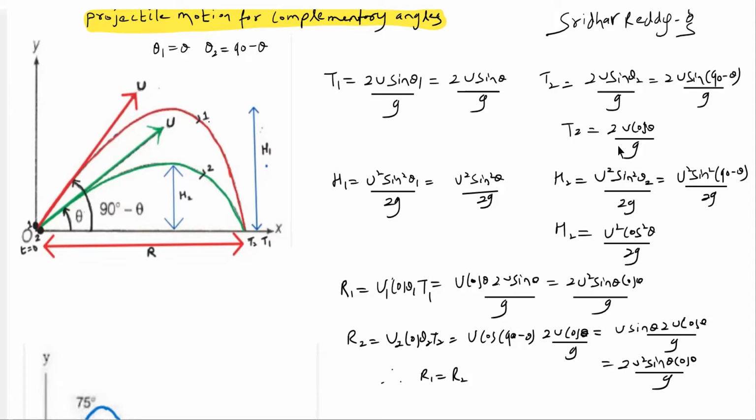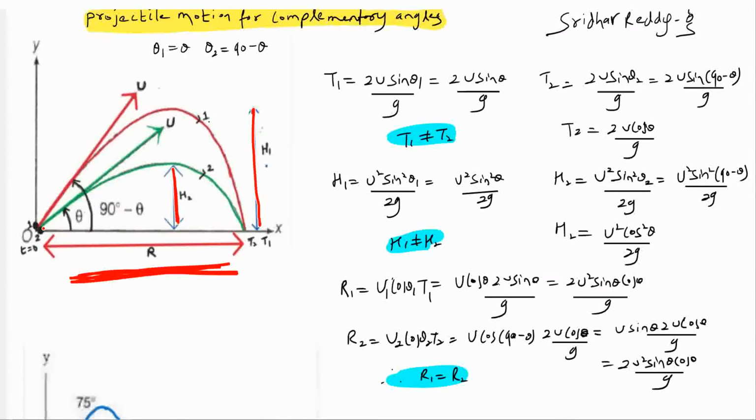This will be u cos of 90 minus theta into 2u cos theta by g, which is u sine theta into 2u cos theta by g. Finally, we end up with R1 equal to R2.